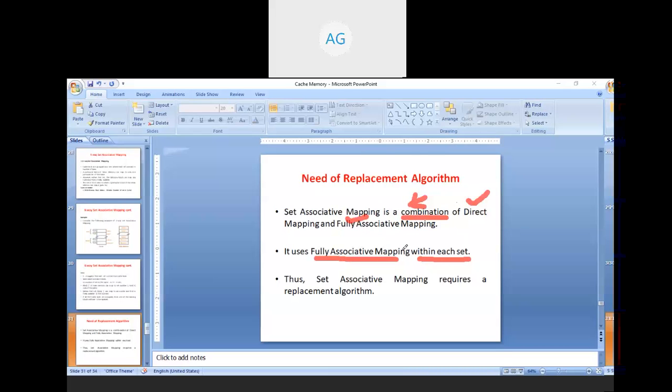Thus, set associative mapping requires a replacement algorithm. As we already know, fully associative mapping requires a replacement algorithm, and we already discussed that FCFS and LRU are some examples of replacement algorithms used by fully associative mapping. In the same way, set associative mapping also requires a replacement algorithm. So moving to the next slide.